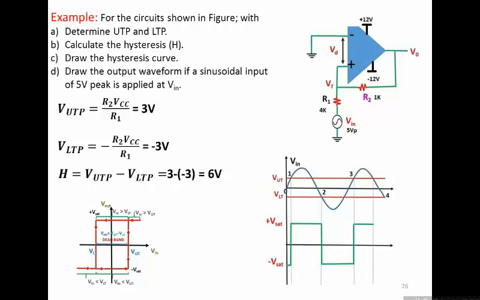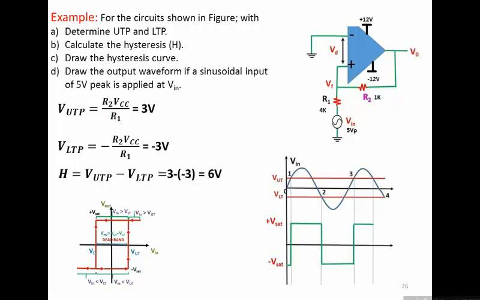The input is applied at the non-inverting side with a value of 5 volts peak and sinusoidal in nature. Again you are asked to find UTP and LTP, then the hysteresis, and you have to draw the hysteresis curve and draw the output corresponding to the given input.